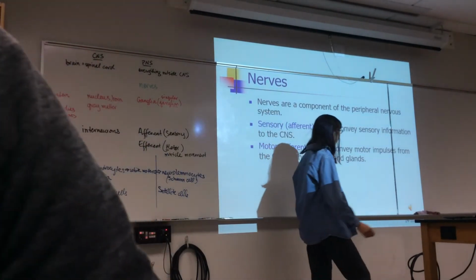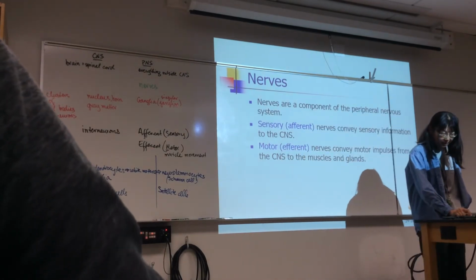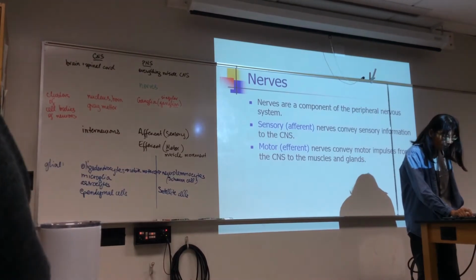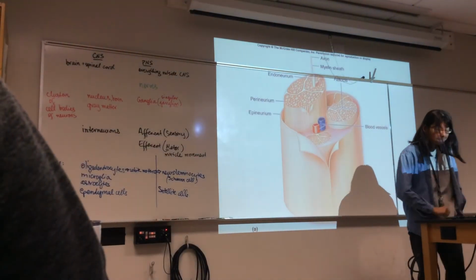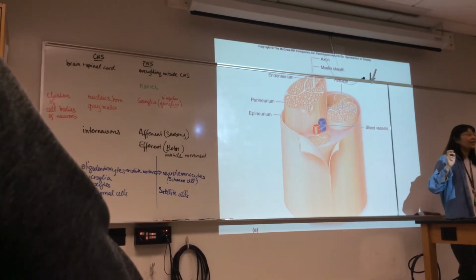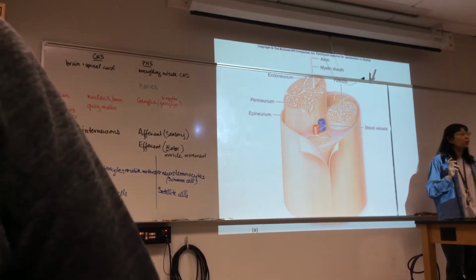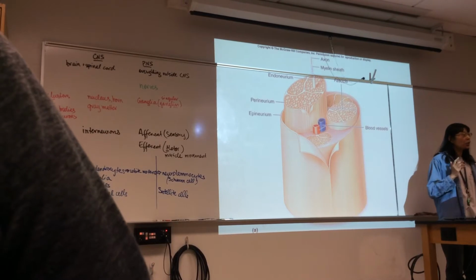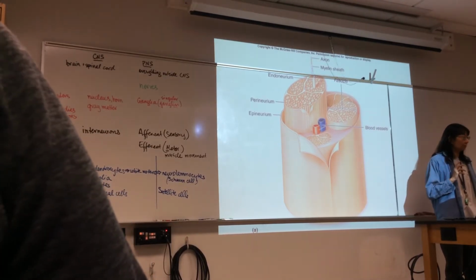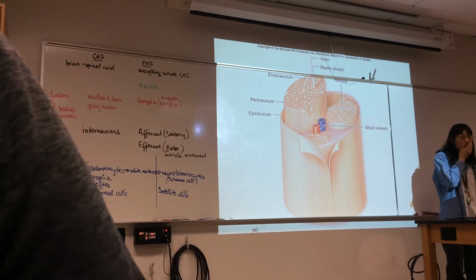Go back to this picture. You saw that some nerves are motor, some nerves are sensory, agree? And we do have nerves that are mixed, meaning both motor and sensory.